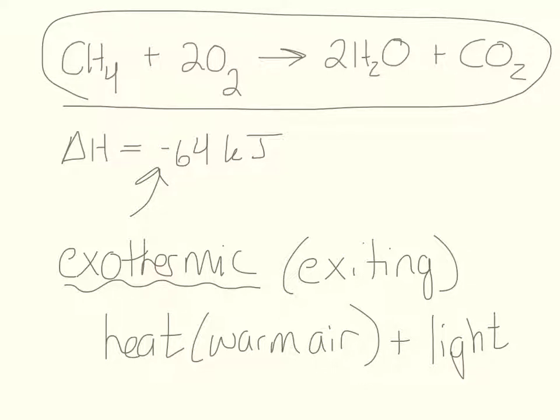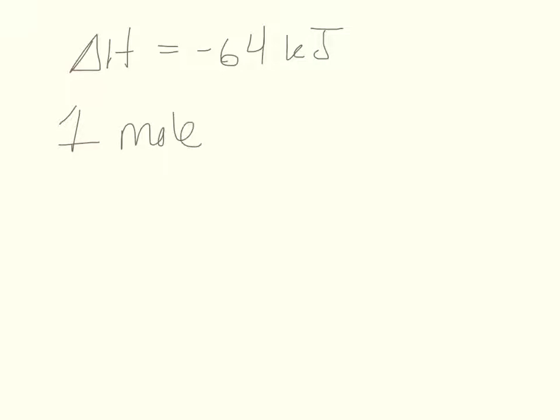Let's add another page to that. We know that our delta H is a negative 64 kilojoules, and this means that energy is leaving. That is the energy that leaves for every mole of CH4, and that is the energy released when we use 2 moles of oxygen.